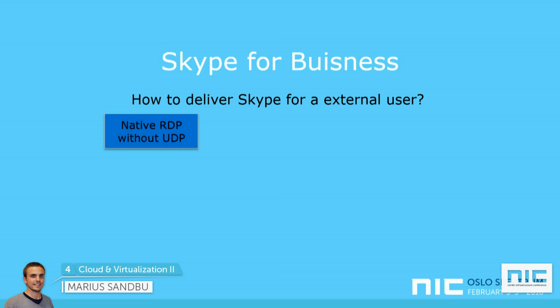If we start a Skype for Business video chat using native RDP without UDP, it's going to get a tromboning effect, because a lot of traffic is processed between the session host, Office 365 and the other user, and then the RDS host needs to compress the data using the different algorithms that it has and send it back to the end user, which pretty much sucks basically.